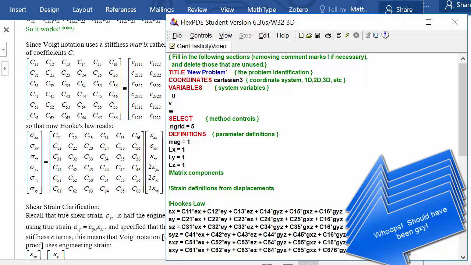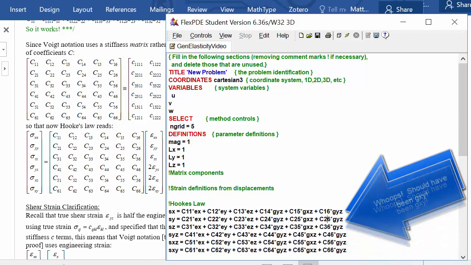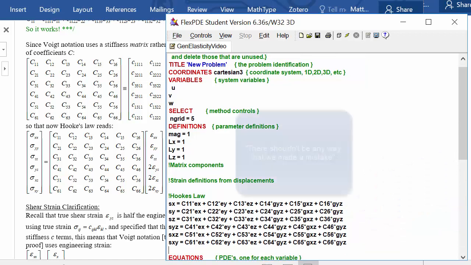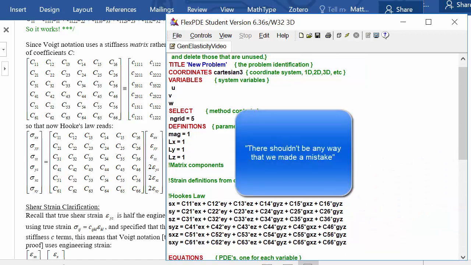Okay, 6, 5, 4, 3, 2, 1. Okay, so there shouldn't be any way that we made a mistake there.